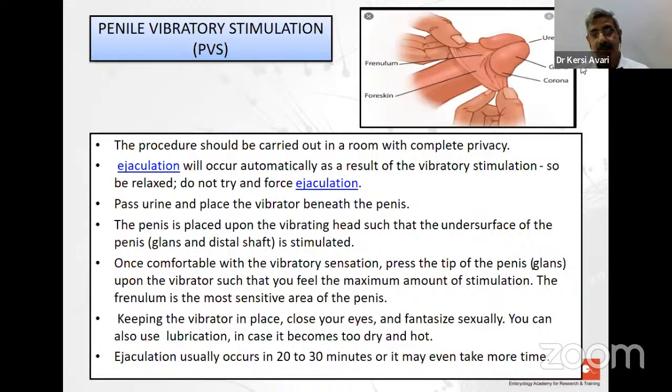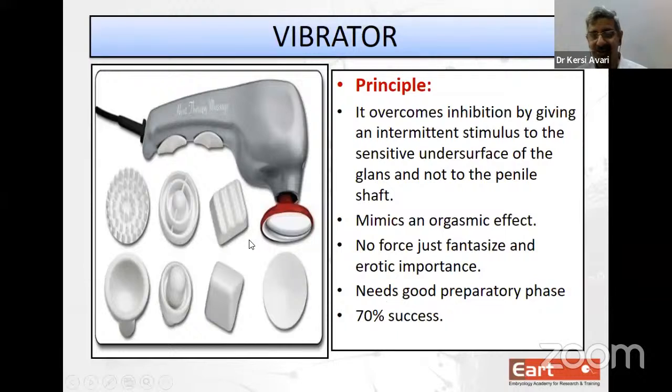So, vibrator, close your eyes, fantasize sexually, use a lubrication, and don't overdo it. Otherwise, the gadget will become hot. So this is it. The gadget, the pad, the button, the speed. Please do the simple pad, lower part erection, vibration starts, you fantasize, you ejaculate, you collect.